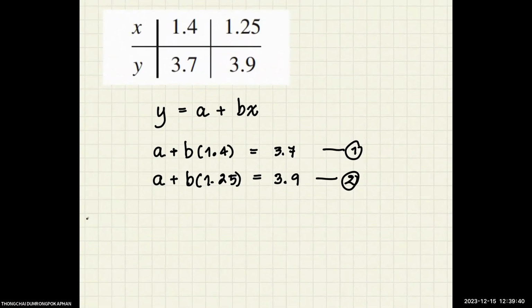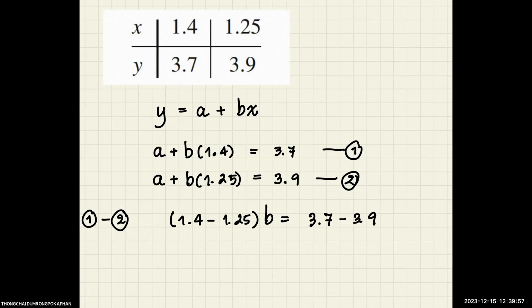If I subtract equation 2 from equation 1, what would I get? I will get 1.4 minus 1.25 times b equals 3.7 minus 3.9. So you can get the value of b. b is minus 0.2 divided by 0.15, which gives minus 1.333, or minus 4 over 3.